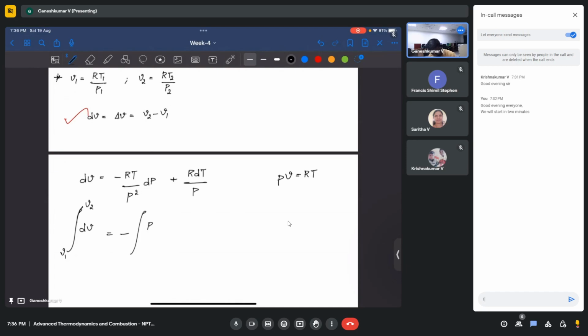Integral of RT by P square dP from P1 to P2 plus integral of R dT by P from T1 to T2.